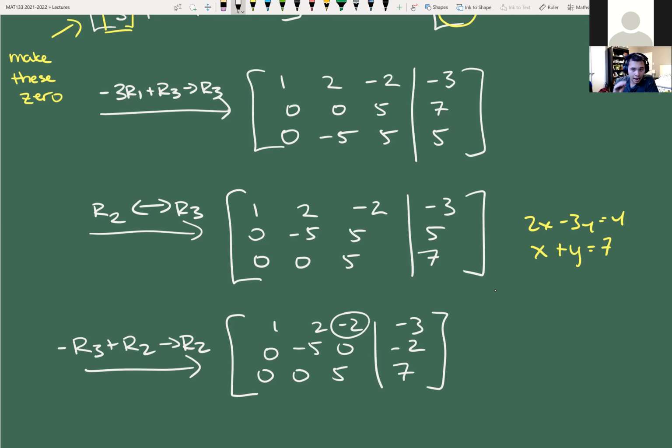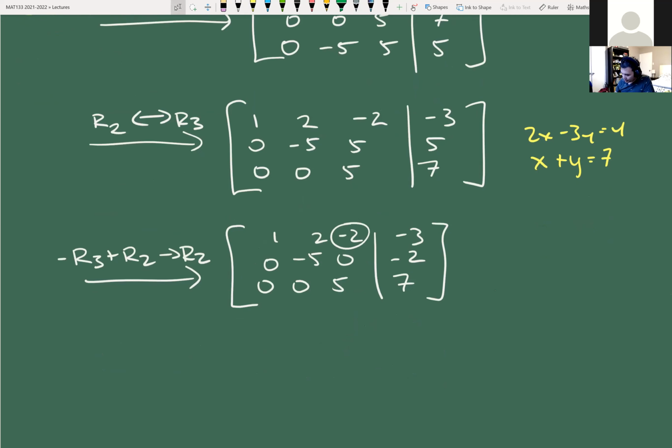Me personally, at this point, I would start doing fractions, okay? But let's pretend that I wanted to do it the other way, just to delay how long I had until I needed to do fractions, okay? This is legal. I wouldn't necessarily do this, but this is legal. I would do 2 row 3 plus 5 row 1 into row 1.